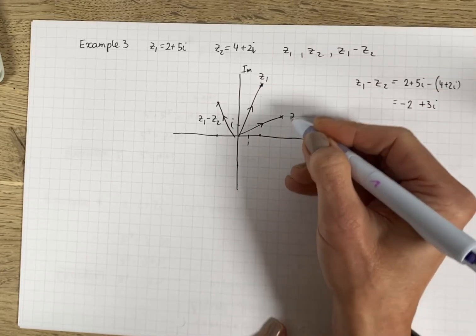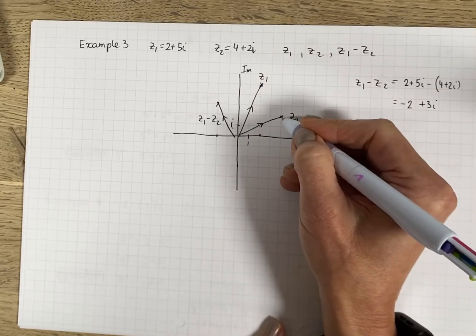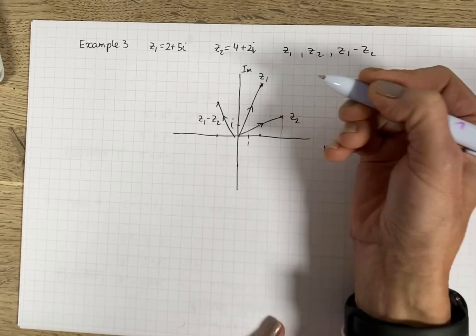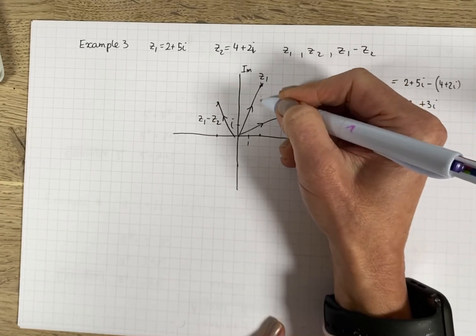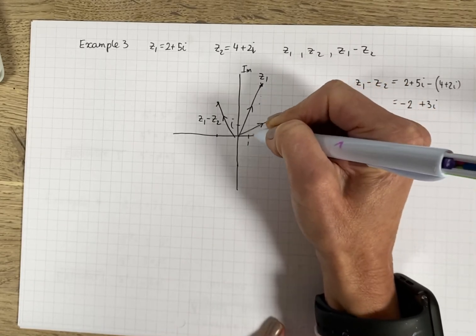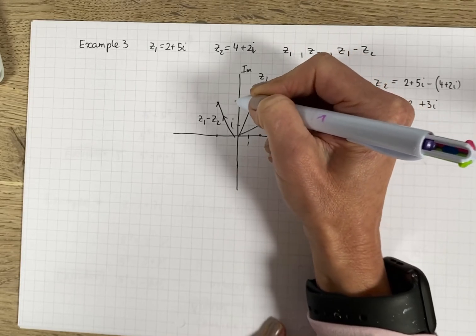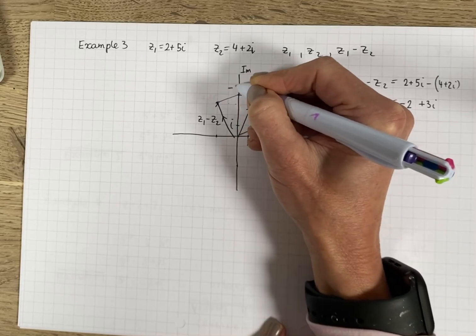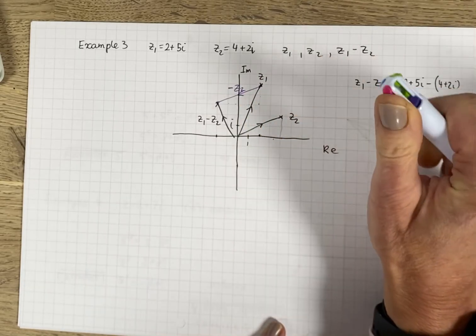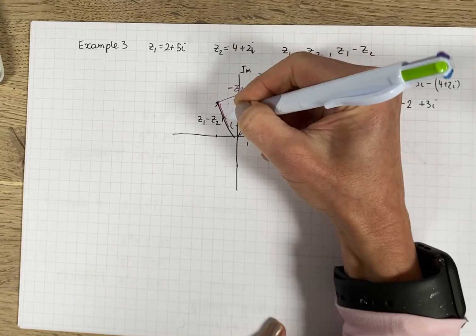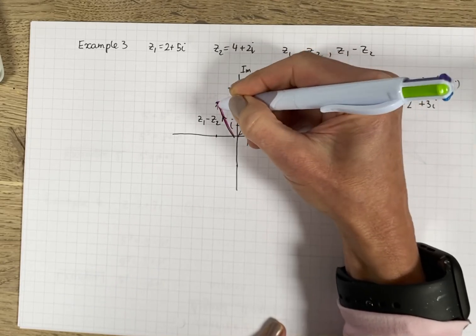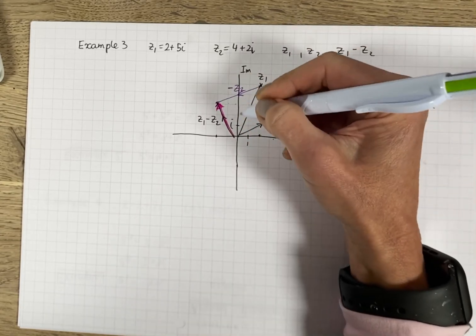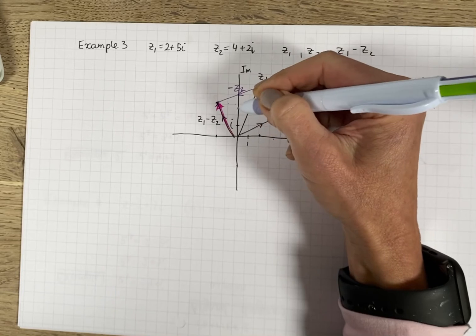So minus Z2 is this vector, but going downhill: 2 down, and you're going to go 4 across. So this is minus Z2. And you do get the overall combined vector of Z1 minus Z2.